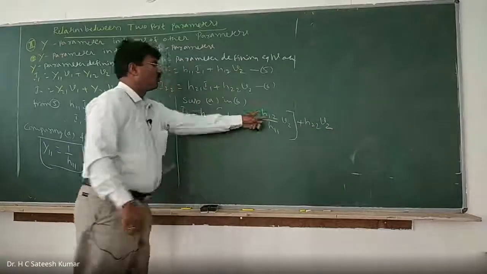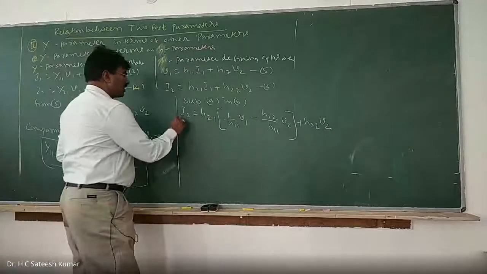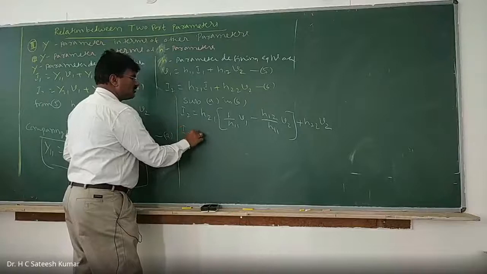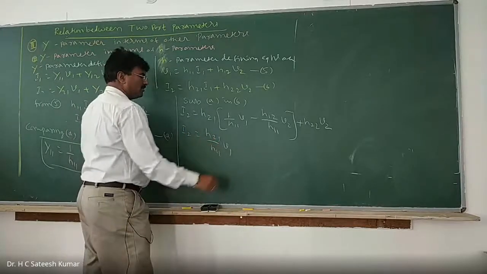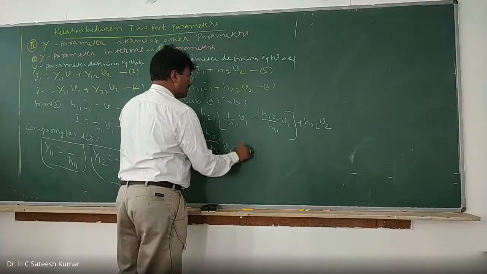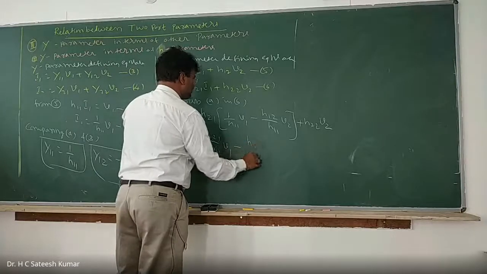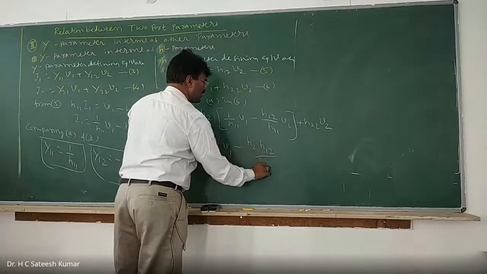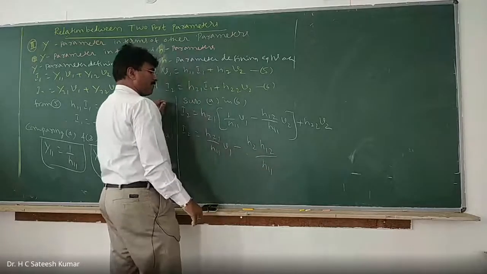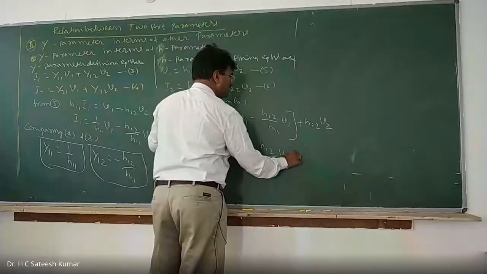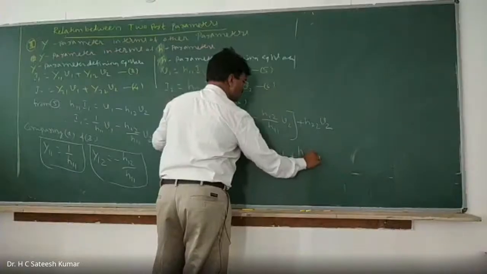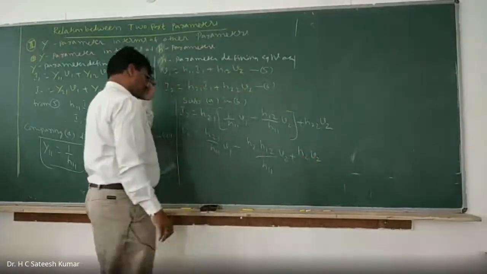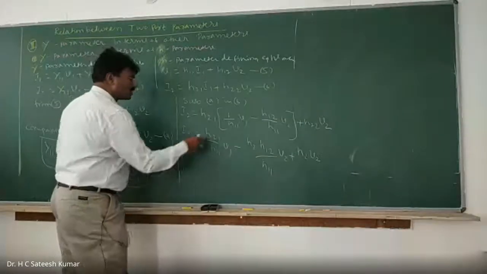Now group the V2 terms and multiply with H21. I2 is equal to H21 divided by H11 into V1, minus H21 into H12 divided by H11 into V2, plus H22 into V2. Now take the LCM and take V2 common for the last two.